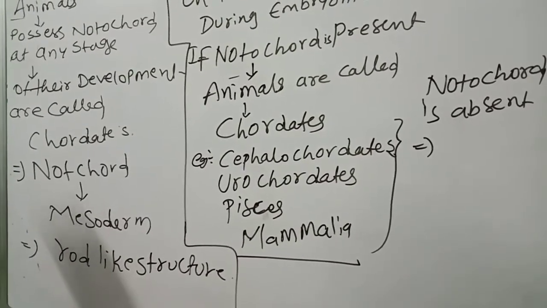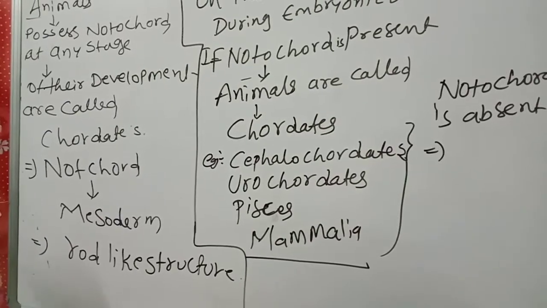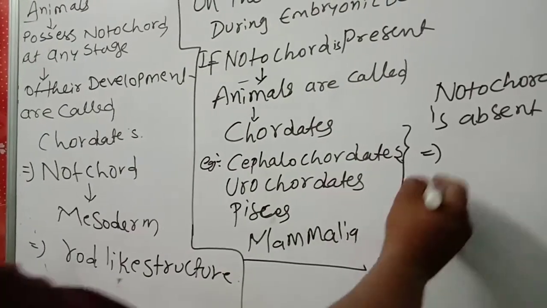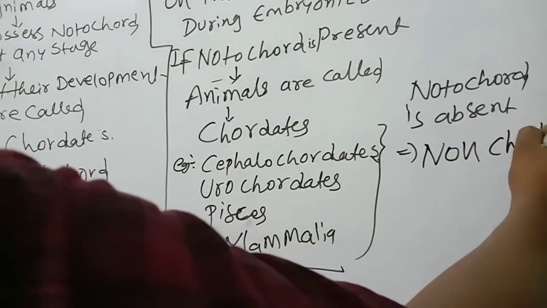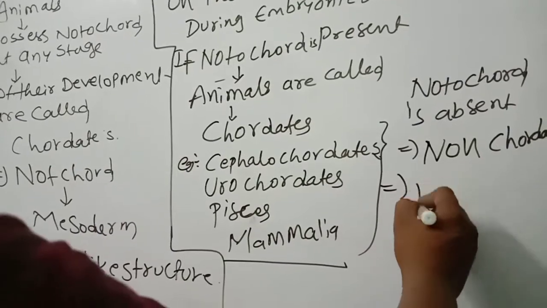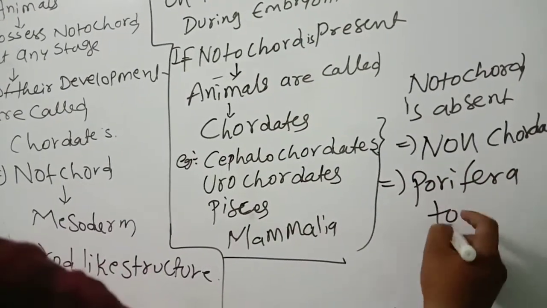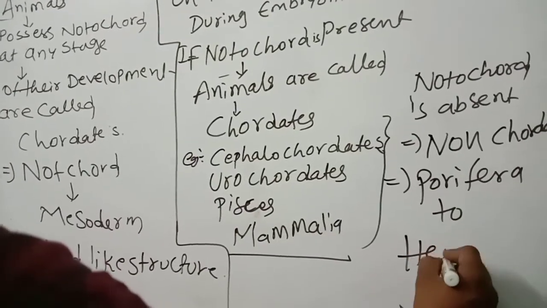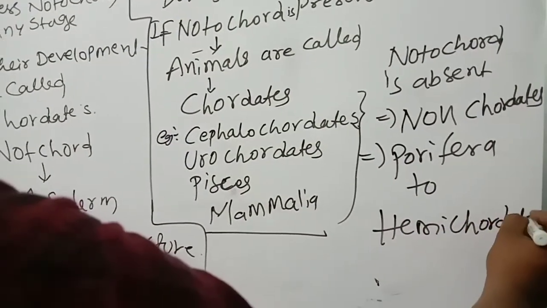Presence of notochord means chordates, absence means non-chordates. What are the important non-chordates? Examples: porifera to hemichordata, like this you have to remember.